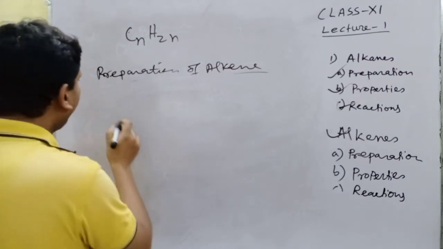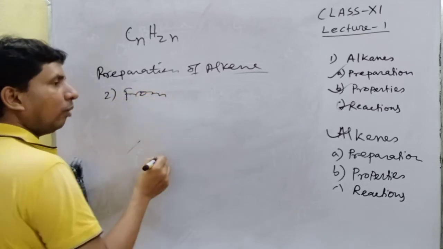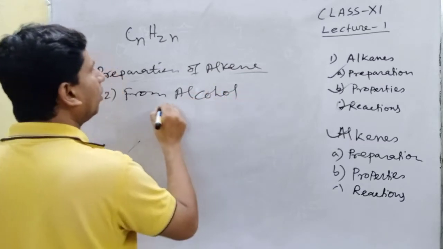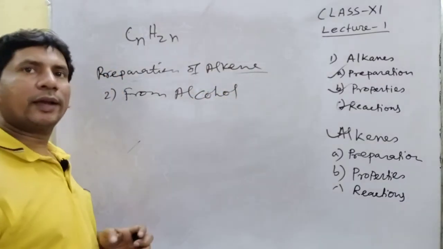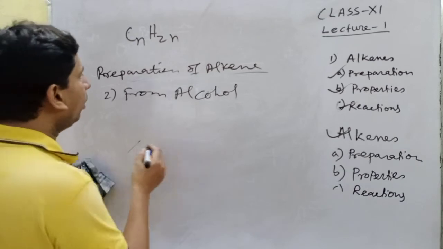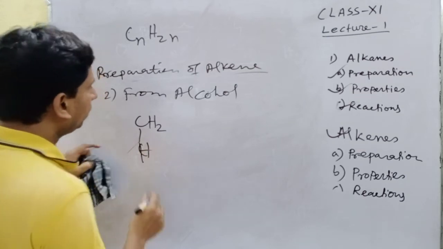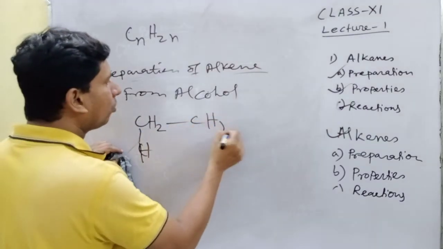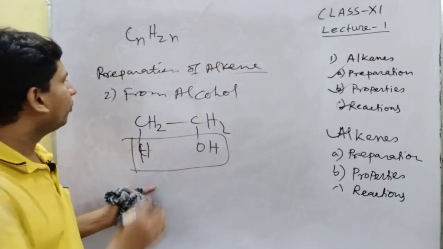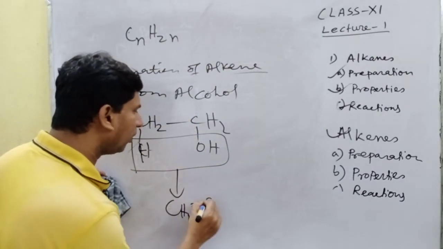Now preparation of alkene number 2 is from alcohol. How can we get it? From alcohol, CH3 CH2OH, if we can remove water from the alcohol, then we can get a double bond, that means CH2 double bond CH2.